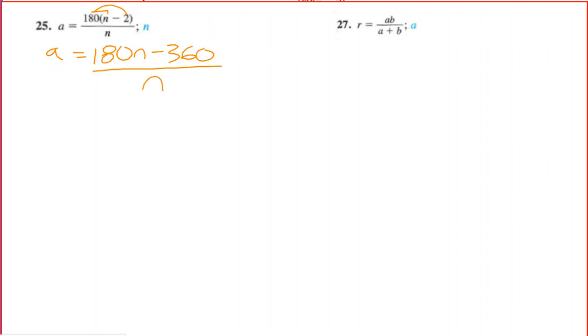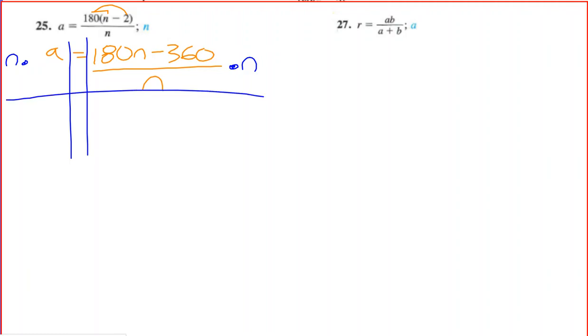Now, I don't love having the variable I'm trying to isolate, n in this case, in the denominator, so I'm going to multiply both sides by n. And that is going to get me A times n, which is equal to, well, n divided by n is 1, so we have 180n minus 360.